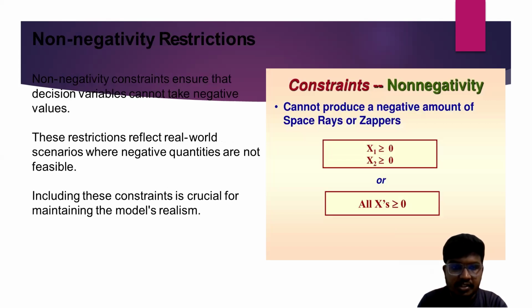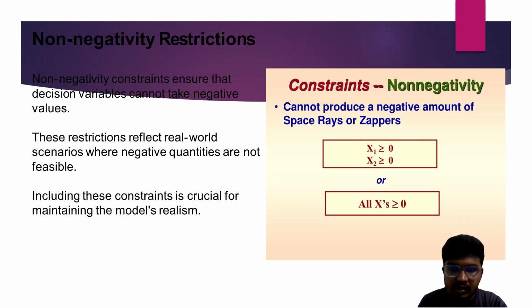Non-negativity restrictions. Non-negativity constraints ensure that decision variables cannot take negative values. These restrictions reflect real world scenarios where negative quantities are not feasible. Including these constraints is crucial for maintaining the model's realism.